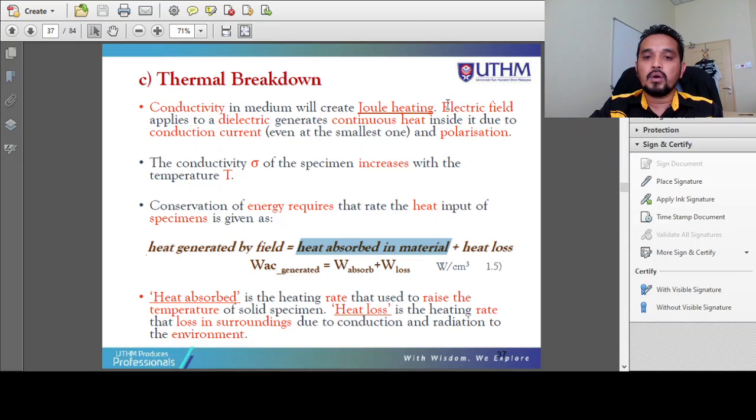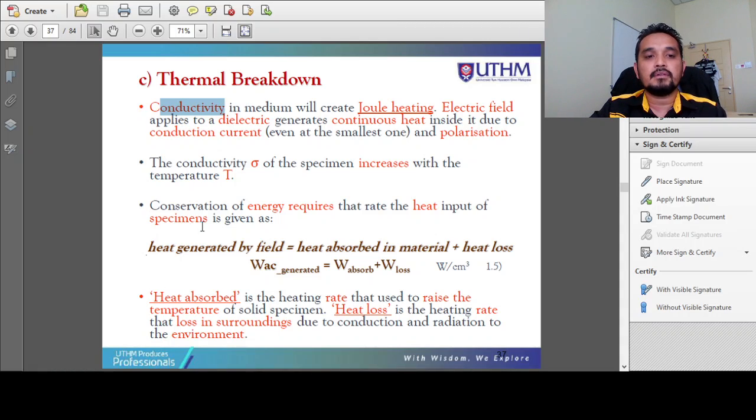Okay, how does the electric field generate the heat? It's simply because a high electric field region will promote higher conductivity of the material. As simple as that.